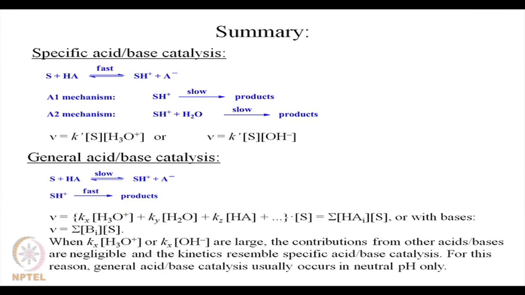As I told you, specific acid base catalysis has two types of mechanism: one is unimolecular, the other is bimolecular. For general acid base catalysis, it is a combination, that is, the observed rate constant is nothing but a combination of the contributions from various catalysts.